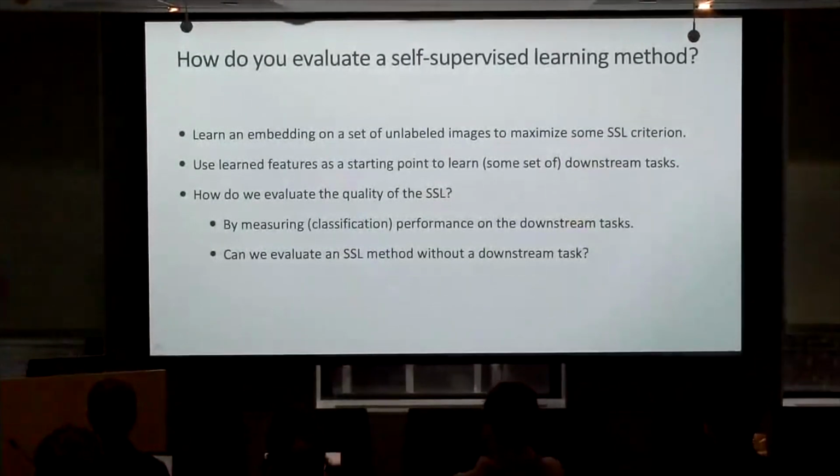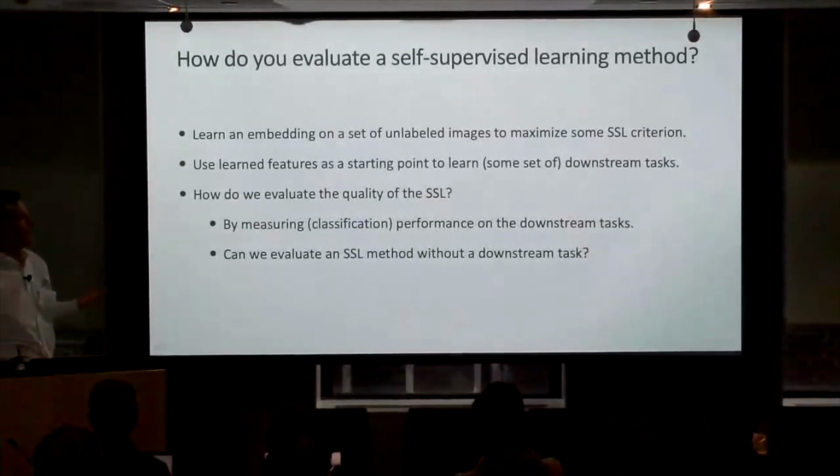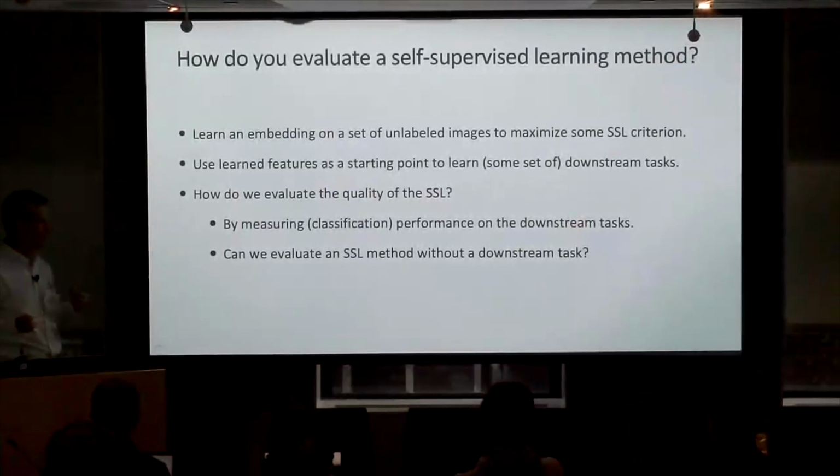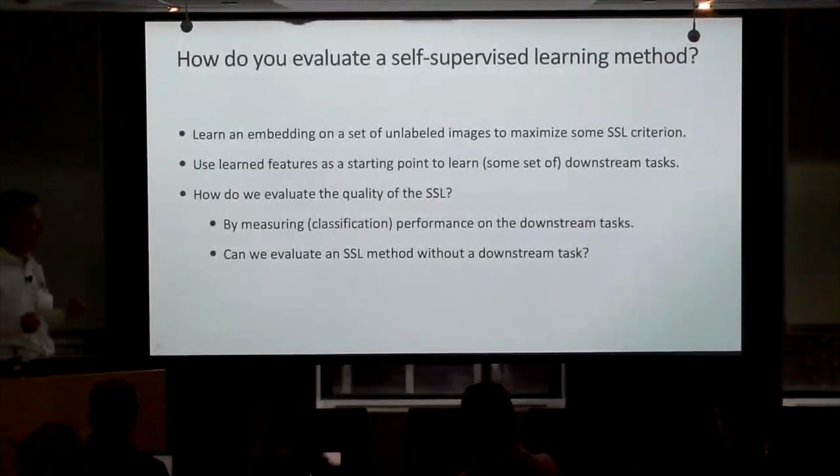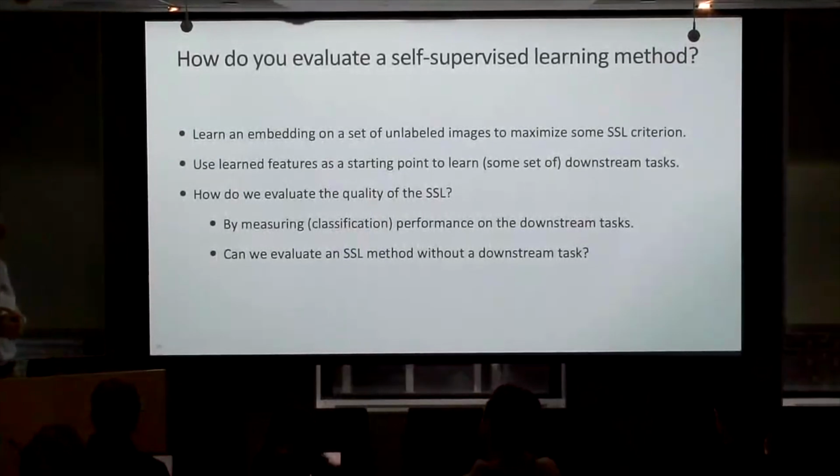So the first question I want to dwell on is, how do you evaluate a self-supervised learning method? Right now, the standard approach is what I just said. We learn an embedding on a set of unlabeled images to maximize some criterion. We use those learned features on downstream tasks, and then we just ask how well did we do on those downstream tasks. So of course, the evaluation depends on those downstream tasks. And that introduces various kinds of biases, right?